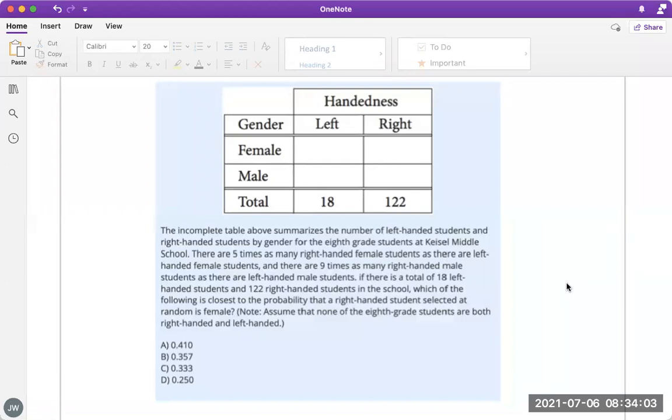If there is a total of 18 left-handed students and 122 right-handed students in the school, which of the following is the closest to the probability that a right-handed student selected at random is female? And we're going to assume that none of the 8th grade students are both right-handed and left-handed. Everybody is just one choice, left or right-handed.